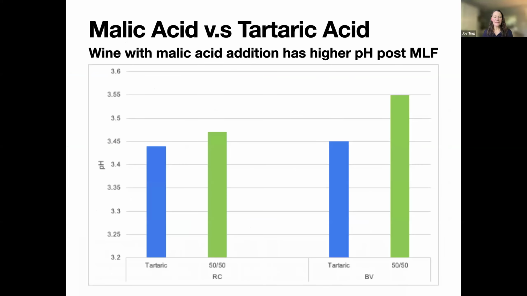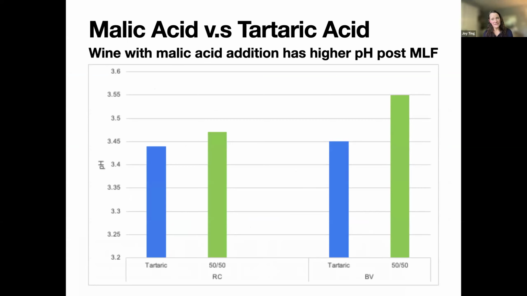Okay, so if we look then at this comparison between whether the acid was added just as Tartaric, or as a blend of Malic and Tartaric, we can look at that for both of those lots. For both the RC and the BV lot, we can see that the pH did increase when we were adding malic acid as part of that addition versus just tartaric acid.